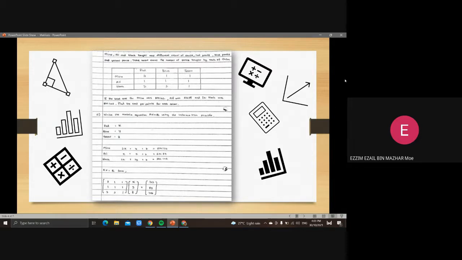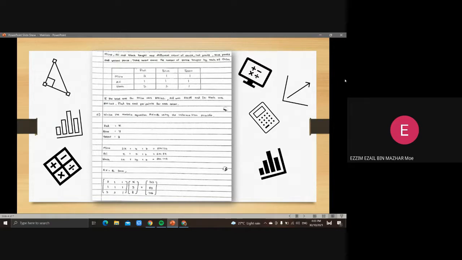From the table, Mira bought two red paints, one blue paint, and one yellow paint, while Ali bought one paint of each color, and Noah bought two red paints, two blue paints, and one yellow paint. The total cost for Mira was 122 ringgit, Ali was 87 ringgit, and Noah was 146 ringgit. Find the cost per paint for each color.